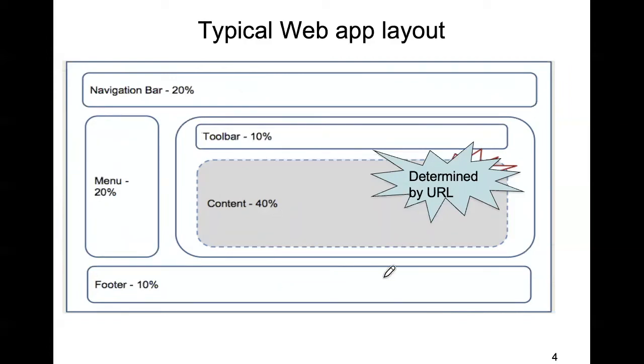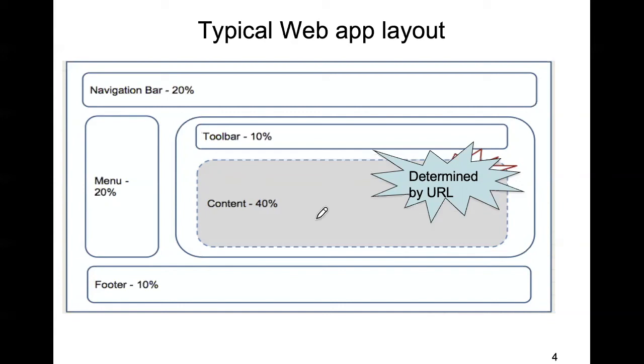Typically there's a footer part that also remains static from page to page or view to view. There may even be a side menu that remains static. And typically it's this area in the middle of the UI that changes as the user navigates around the app.